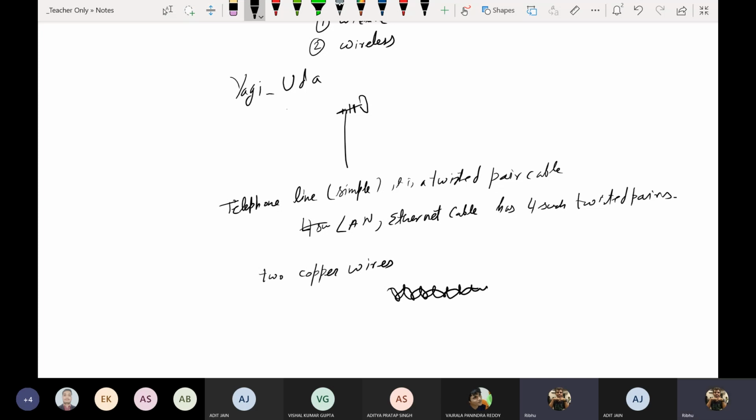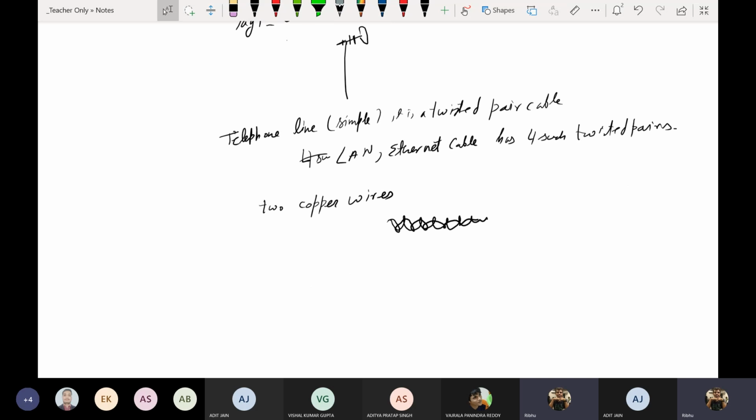Fine, something like this. Agreed? Has anyone opened the Ethernet cable? Yes, sir. So you might have seen twisted pairs inside, right? So 2 copper wires that are overlapped with each other. What does this twisted pair mean?